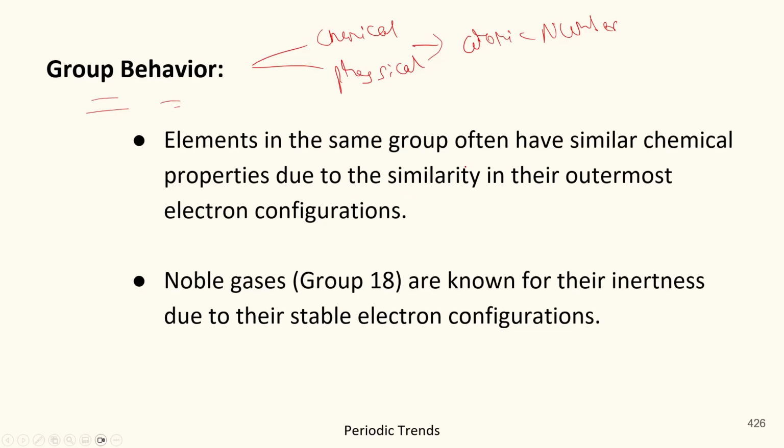Got it? So noble gases, which are 8 in total, are all inert. They all belong to group 18 and they all are unreactive gases. Got it? So it is an example of group behavior.